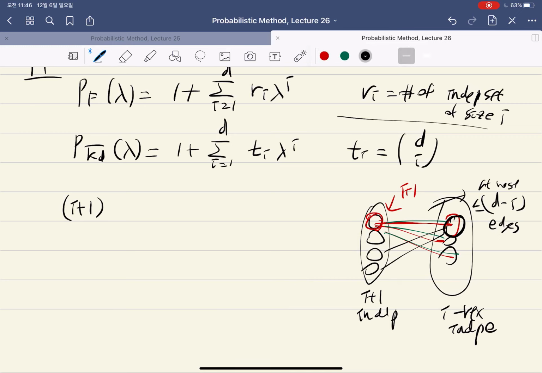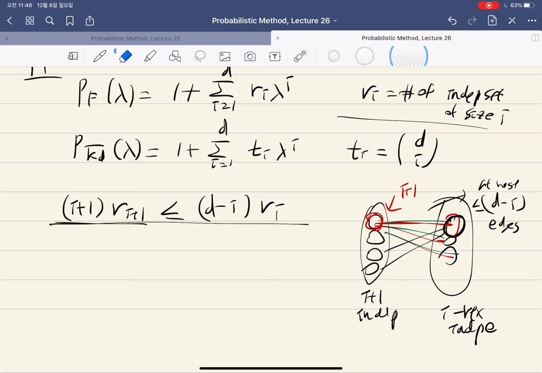So you have this. Then by counting the number of edges in this auxiliary graph, from the left-hand side point of view, you get this much, and from the right-hand side point of view, you get this much. So you have this inequality. And again, what you know is that in this case, this is actually an equality.